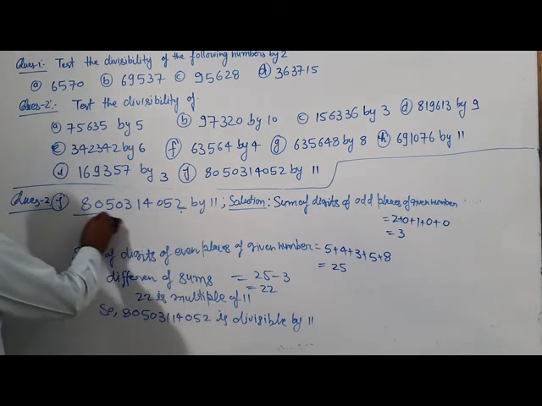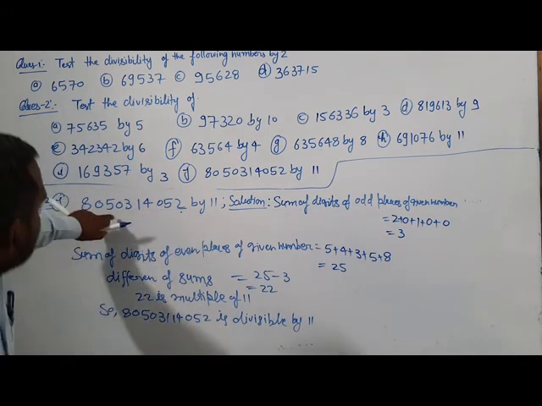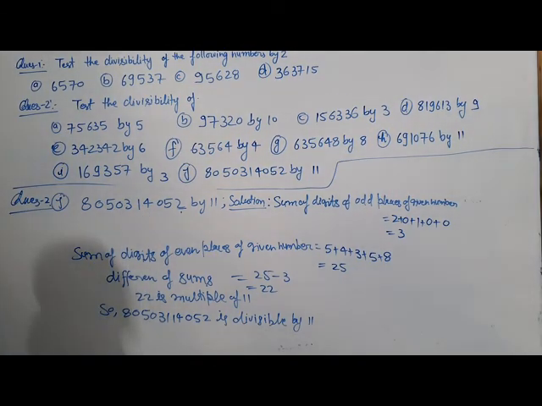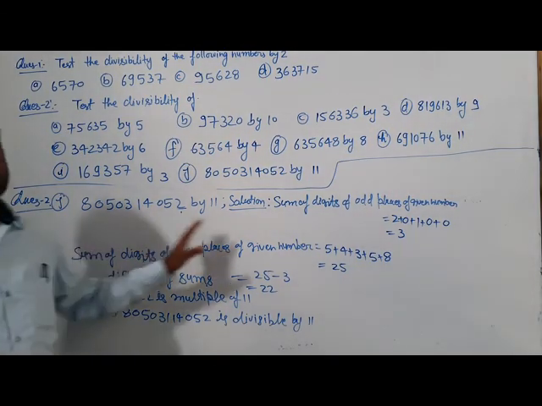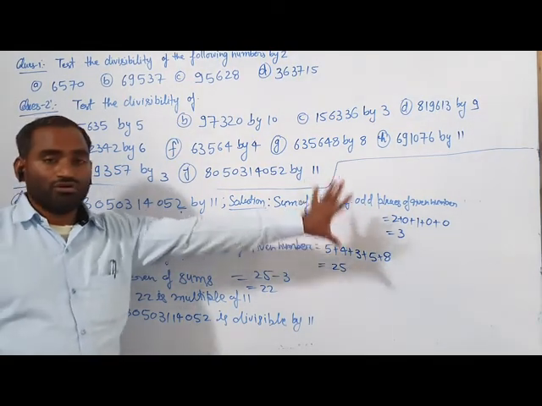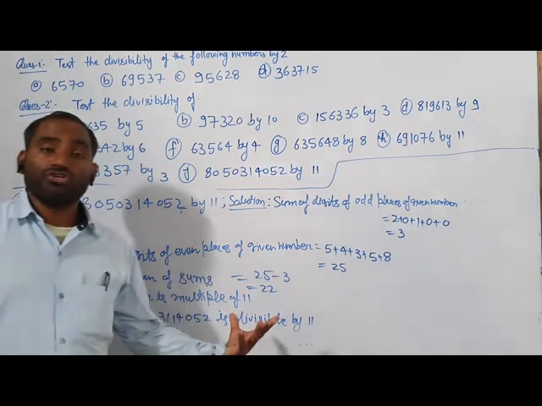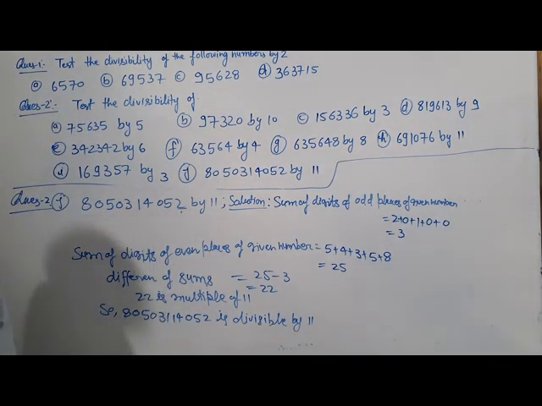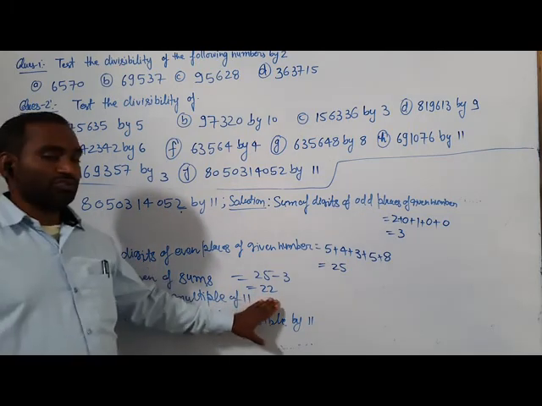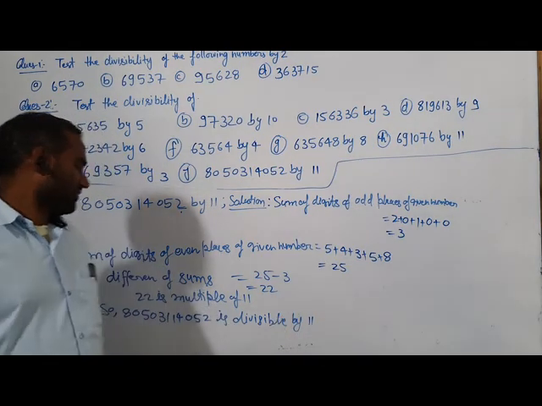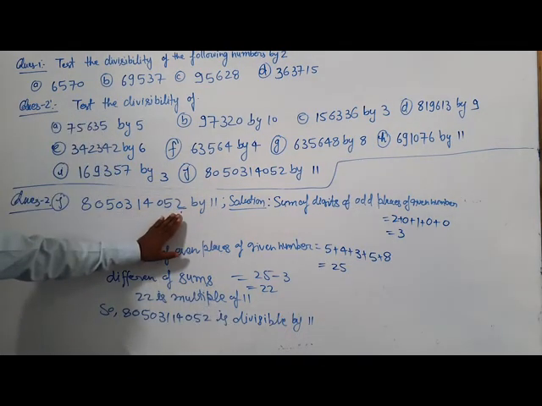In this way, the difference of the sum of digits of even places and the sum of digits of odd places is either 0 or a multiple of 11, then the number is divisible by 11. The difference is 22, which is a multiple of 11, so this number is divisible by 11.